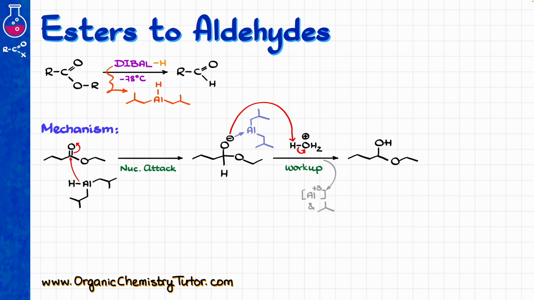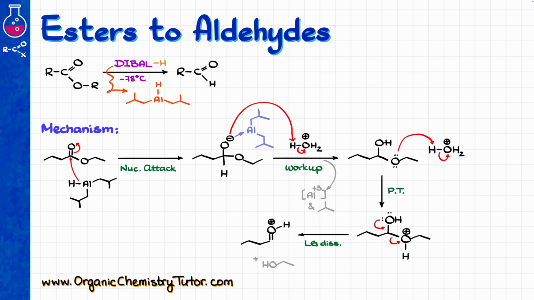So this part of the mechanism is fairly straightforward. We are going to bring in another equivalent of our acid. We're going to protonate the oxygen of our alkoxy group to make it into a better leaving group, making the following intermediate. Then from here, we're going to have a leaving group dissociation. So our leaving group is going to go away like so, giving us essentially a protonated aldehyde.